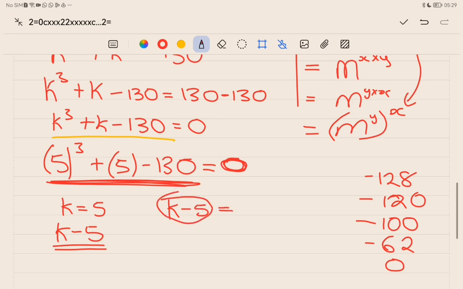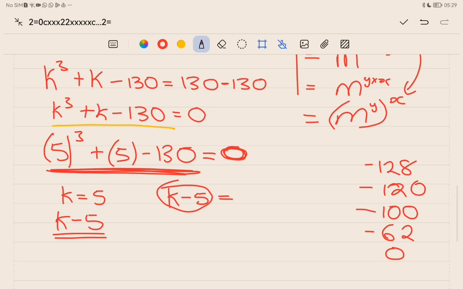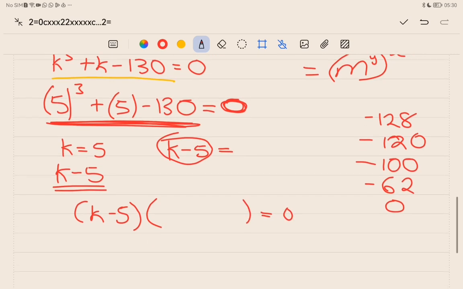So this is the factor of the equation, meaning that now you have k minus 5, then bracket. So now we must figure out what should be in this bracket. So I'm going to use the P method, which can be called in different ways.